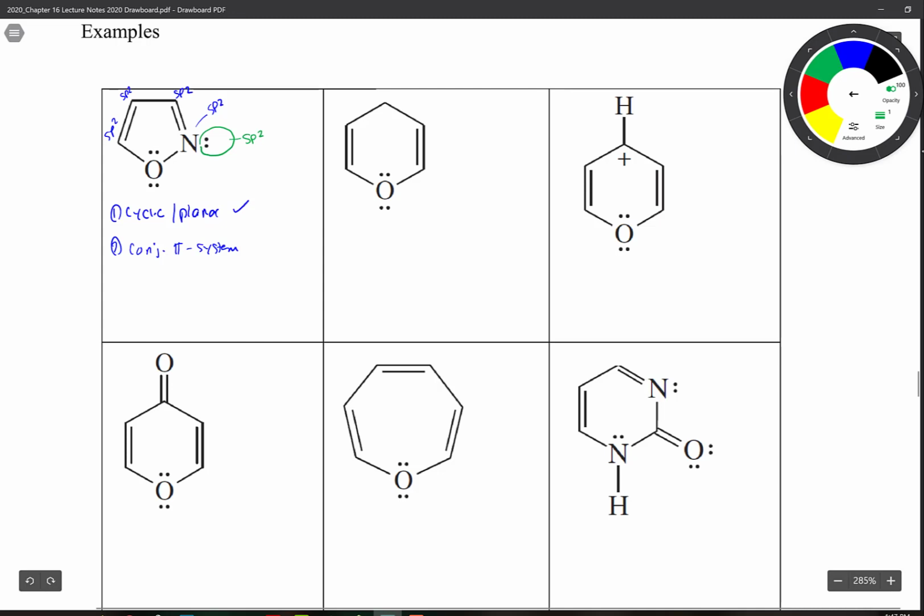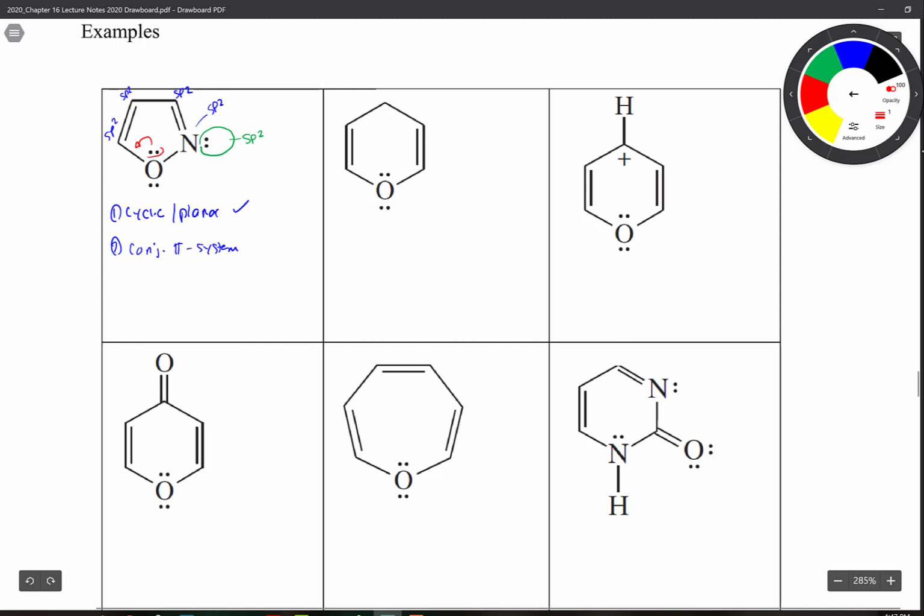Conjugated. Well, what about this oxygen? I hope that you all remember that this structure has resonance. You have a set of electrons adjacent to a pi bond, so we have resonance here. With that resonance, we're going to end up having a double bond there.